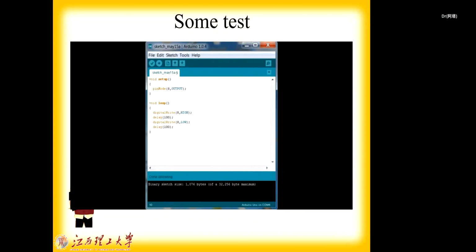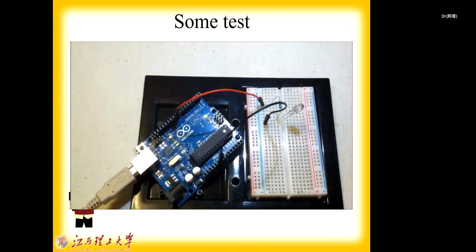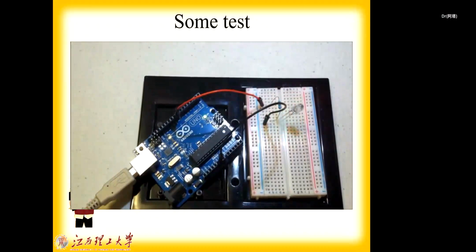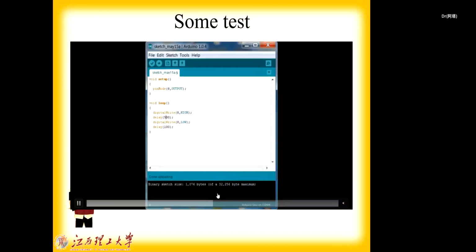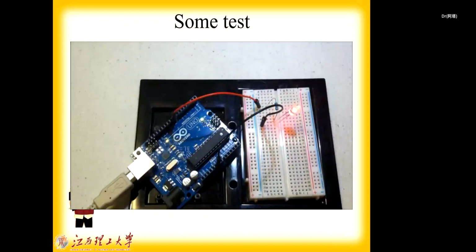But because we directly specified the pin, you will see that we have to change it in each place. Okay, now you will see that it's blinking. Change the time, equal on, equal off.